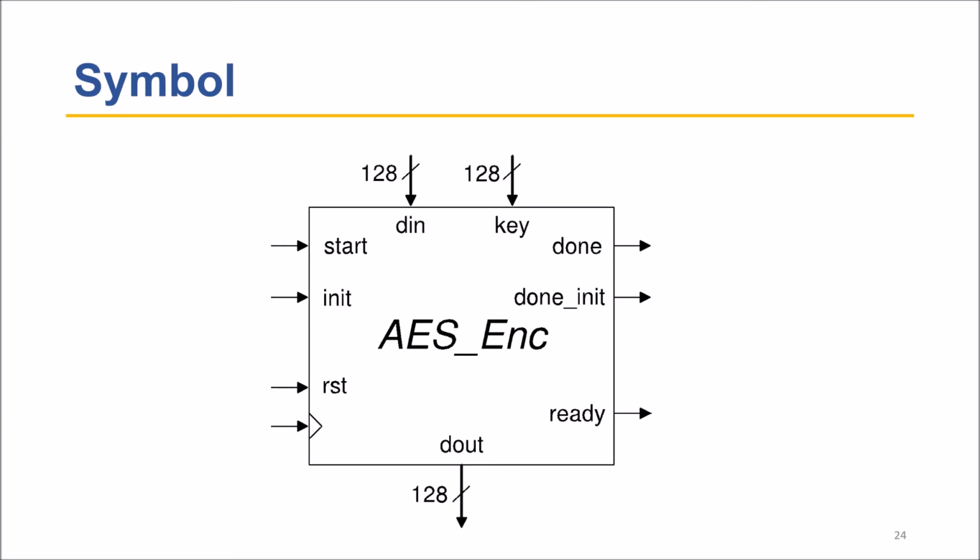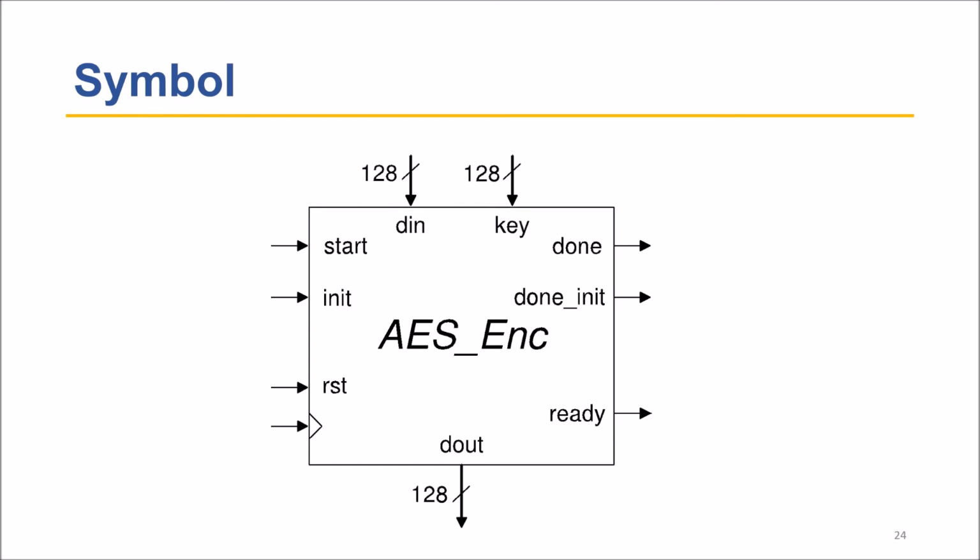When the user sets the init signal, AES starts to generate the key for each round and saves them in a memory. In this way, we do not need to generate the key for each round again. When the initialization is done, we set the done_init signal to 1.